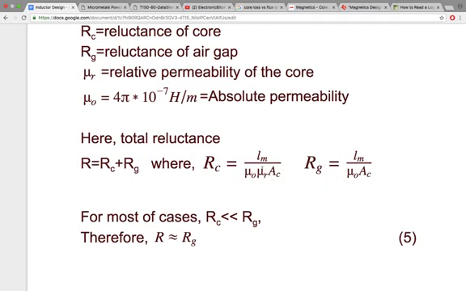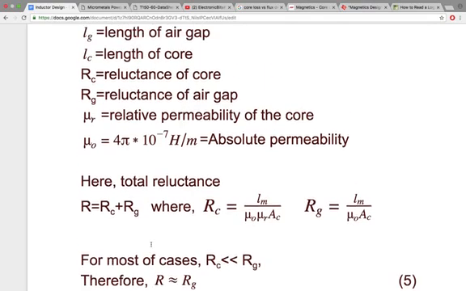And we know that mu r is a high number for magnetic materials like ferrite core. Because of that, the core reluctance is very small compared to the air gap reluctance, and hence we can approximately say that if we introduce an air gap into the core, the total reluctance of the core is almost the same as the air gap.